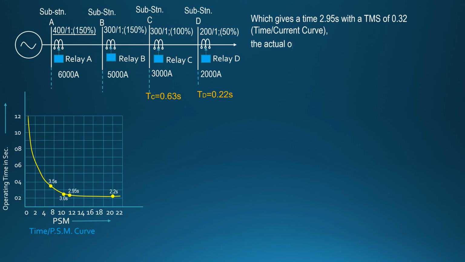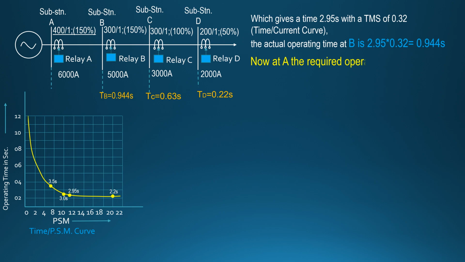The actual operating time at B is 2.95 into 0.32, is equal to 0.944 second.